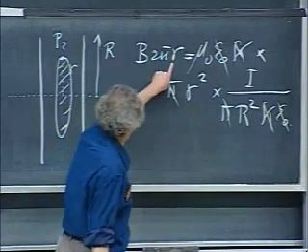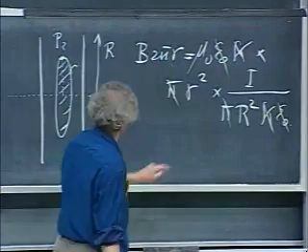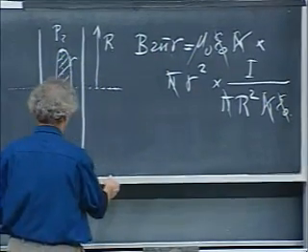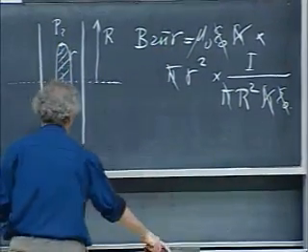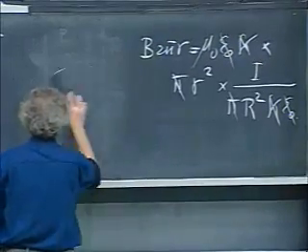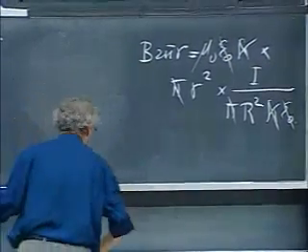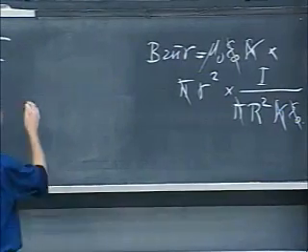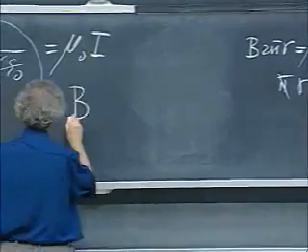And look, I have a little r here and I have a little r square there. So now we're going to get a result, which is something that you may actually have anticipated, namely that you get a field inside the capacitor that is growing with r.